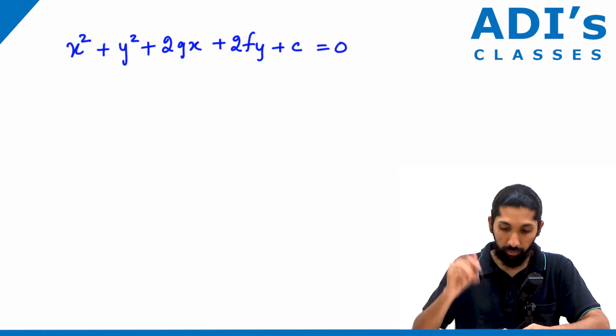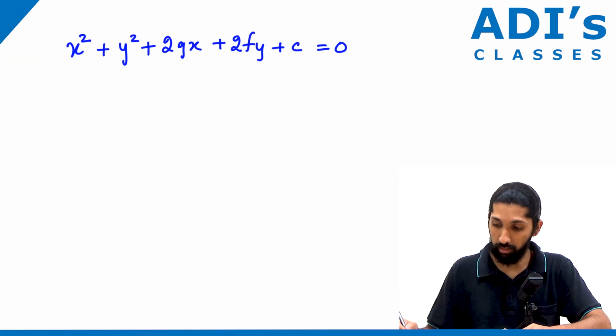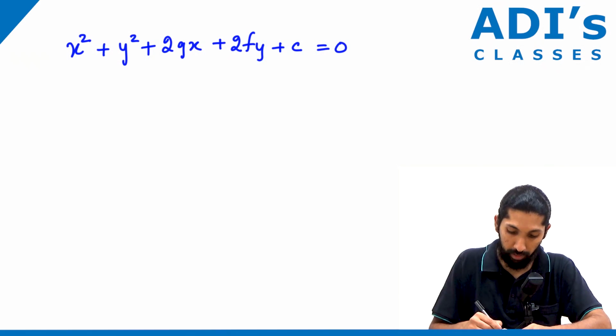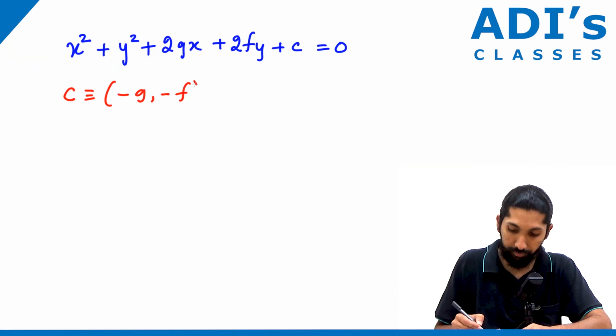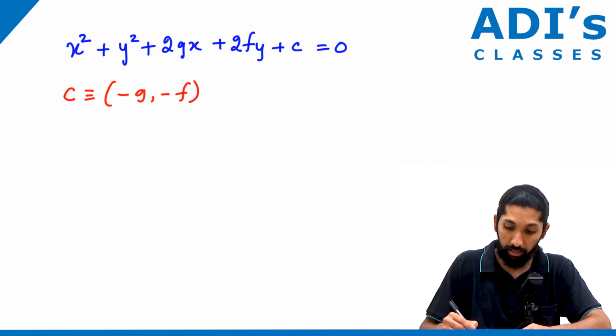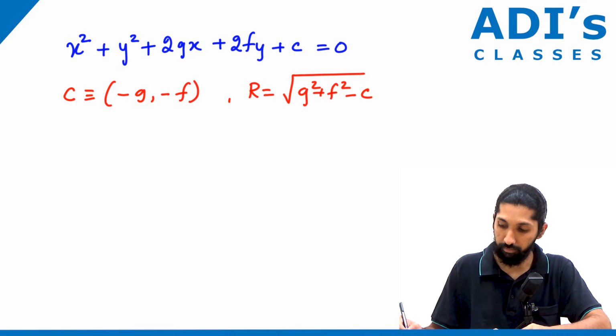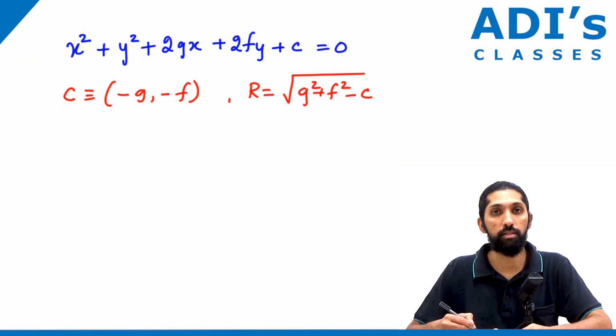If you have an equation of this particular form, the center of the circle C is always given by minus g comma minus f. And the radius is given by root of g square plus f square minus c. This is going to give us the radius of the circle.